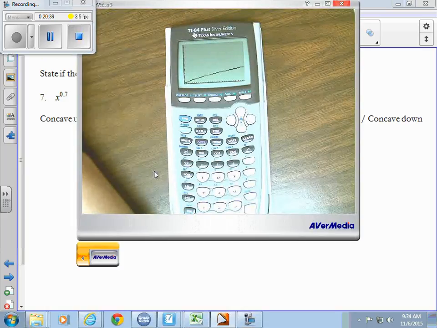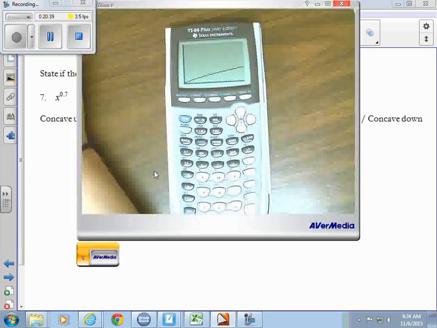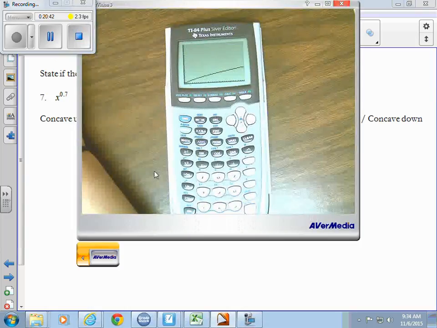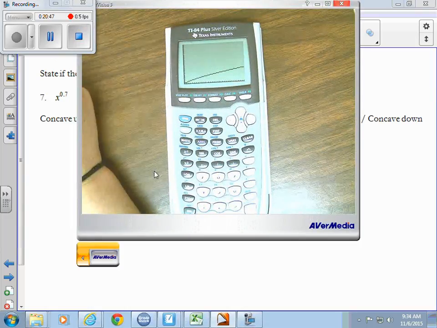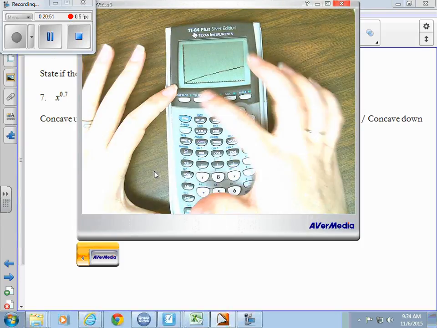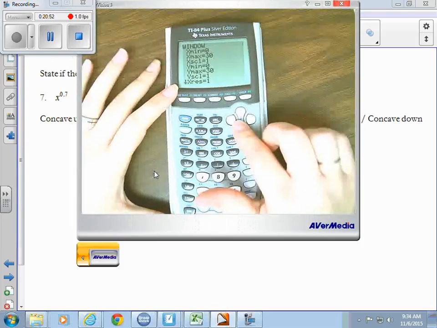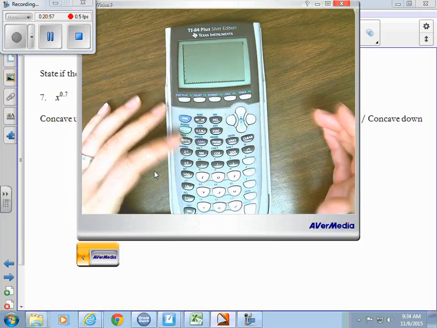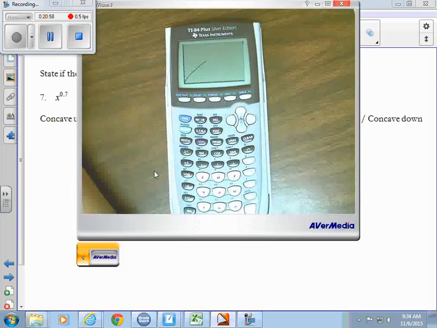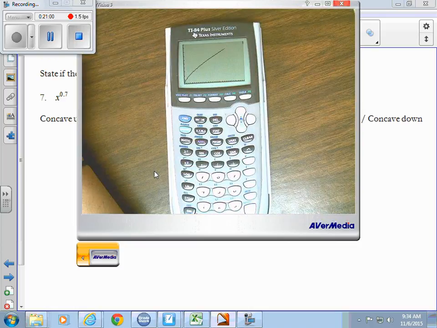Now can you tell which way it's curving? Downward? Does everyone see that downward turn in it? If we kept going, I can kind of tell that my y doesn't really need to be that big. I'm going to take it back to 10. Do we see the downward curve in it as we go?